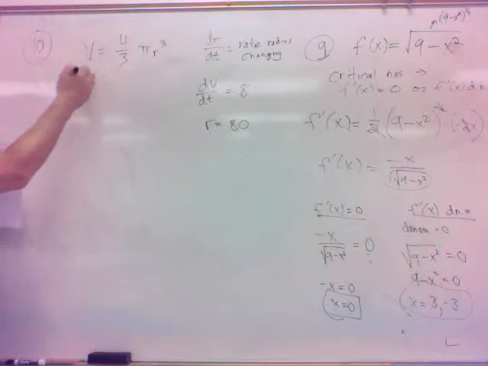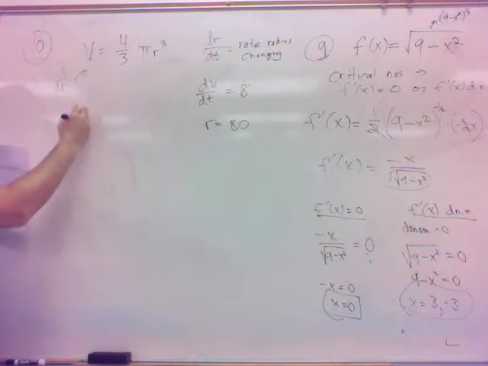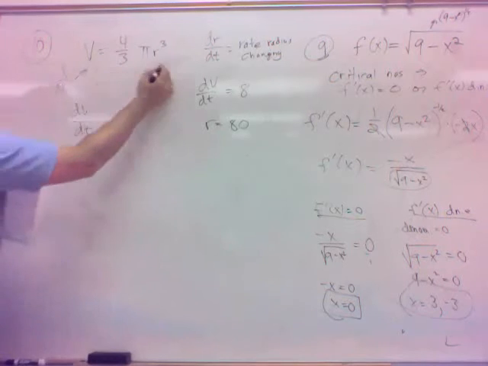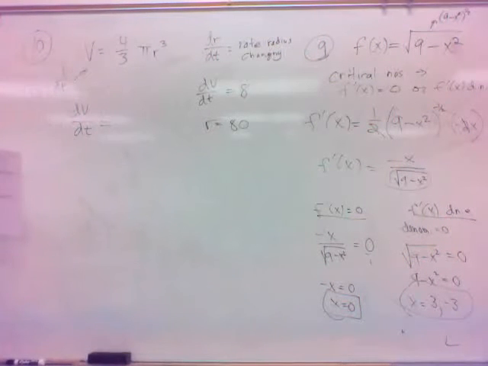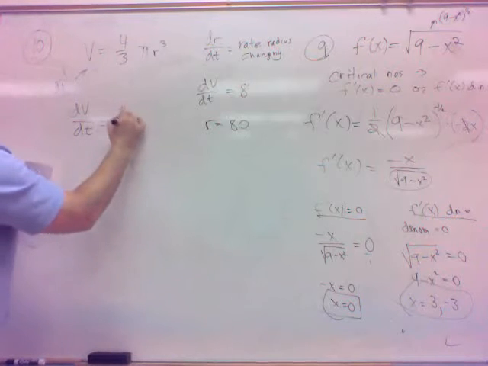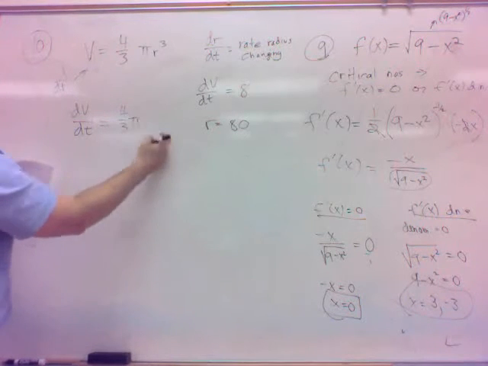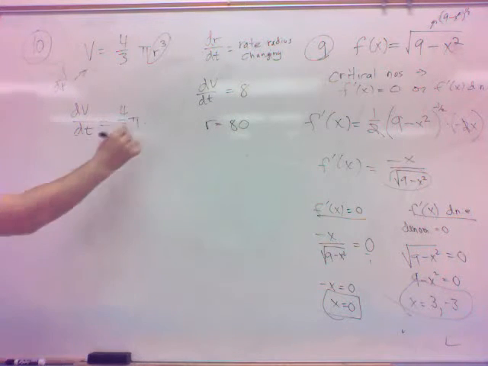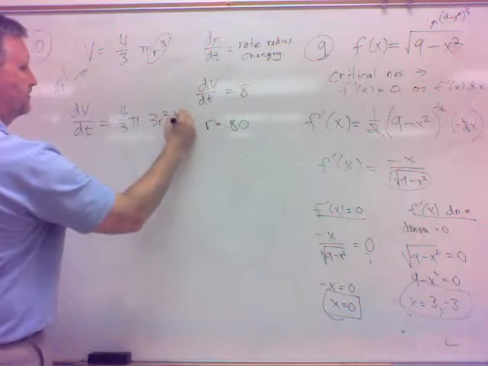The derivative is just dV/dt, with respect to t. What about this side? 4/3 pi is a constant, so it's just along for the ride, isn't it? So I need to take d/dt of r cubed, basically. r cubed, what would that be? 3r squared dr/dt.